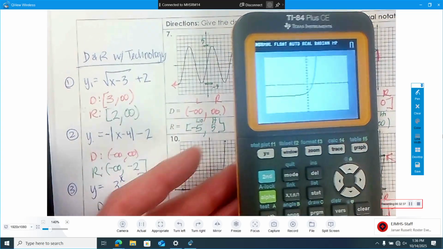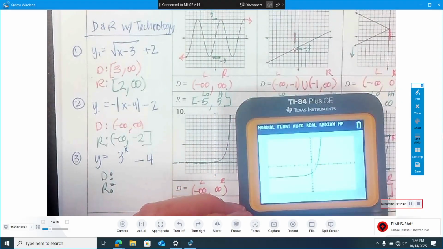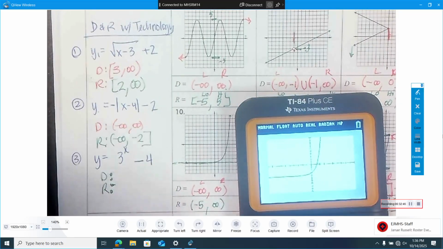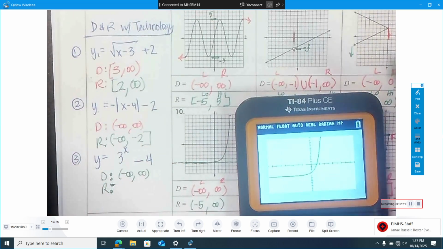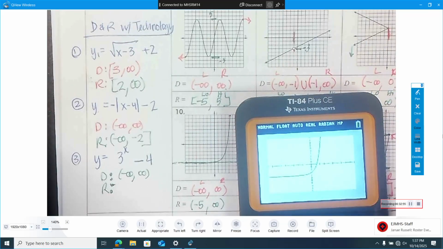What's going on with this exponential function? How far left and how far right does the graph go? Good. Negative to positive infinity. What's the lowest Y value we get here? Let's see.